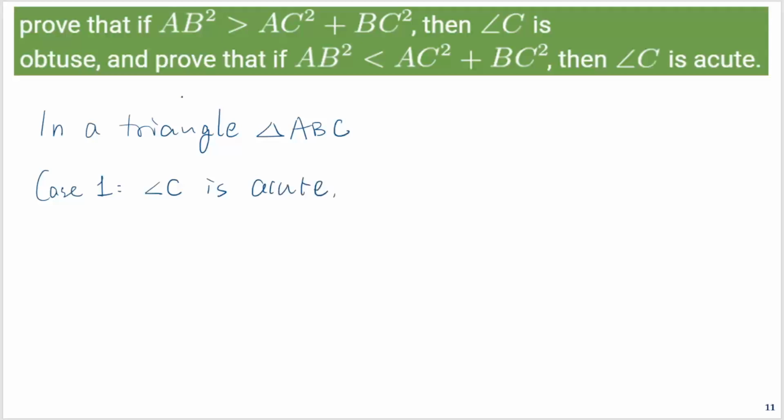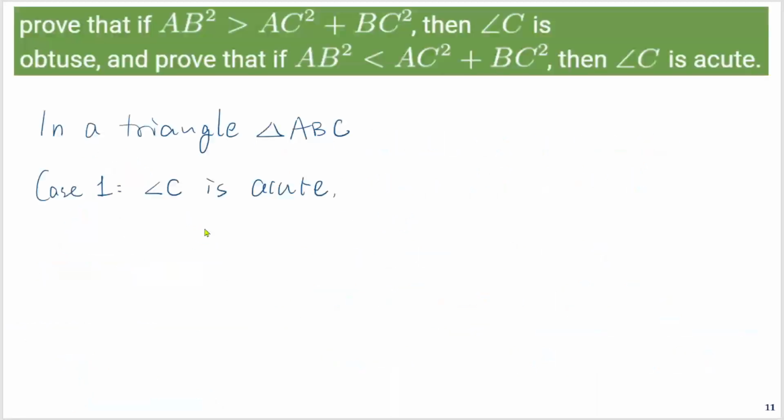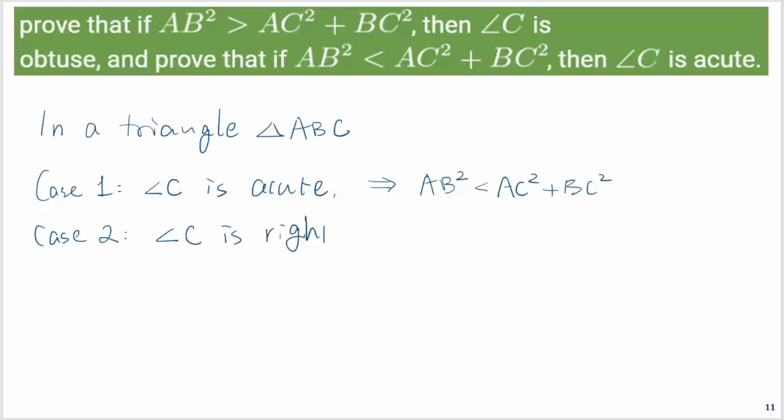In that case, we have just proved that if angle C is acute, then we will have this inequality here, right? Then that gives us AB squared must be less than AC squared plus BC squared. And there is another possibility, case number 2, which means angle C could be right, right? If angle C is right, then we have the Pythagoras theorem. This tells us that AB squared equals AC squared plus BC squared. We have already proved this, right?